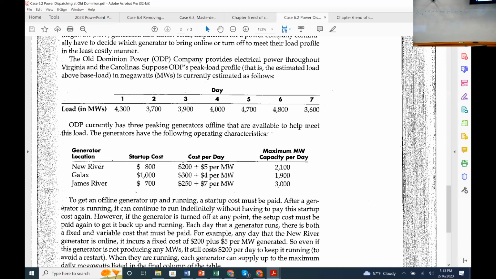Right, so Lj is that set of numbers up on top. That's how much electricity we have to produce for every day J, summing over the plants, the amount of electricity we produce has to meet that demand.